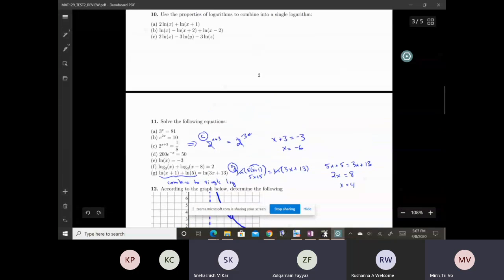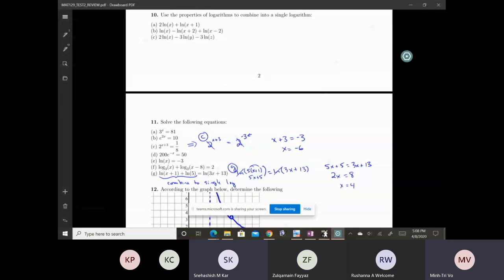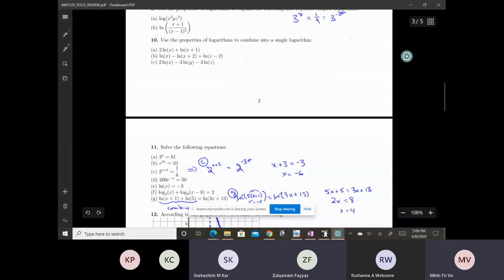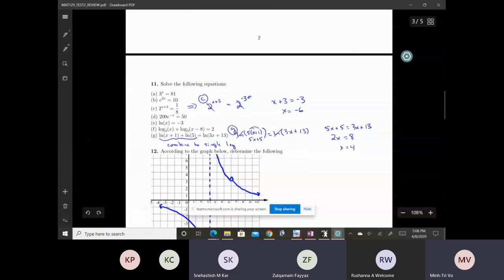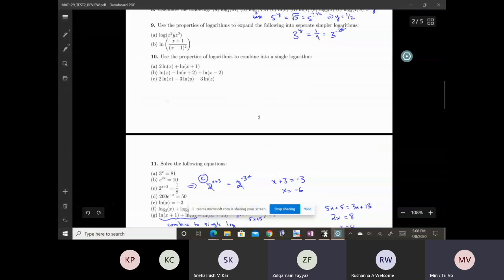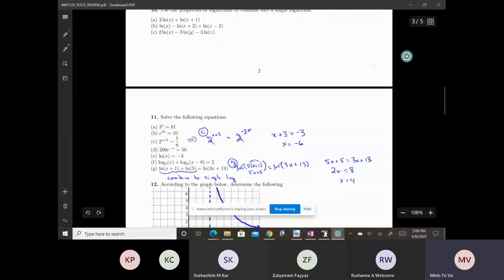So what was the other one? 10C. Okay, it's kind of the same idea, right? We want to combine to a single log, but you have to pay attention to what the operations are. Addition turns into multiplication.